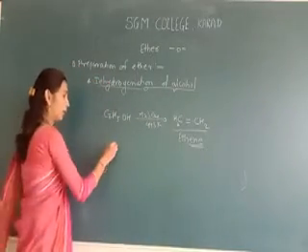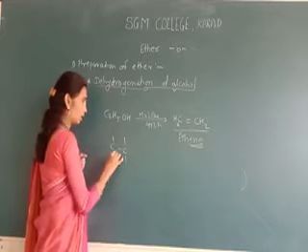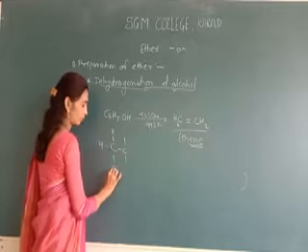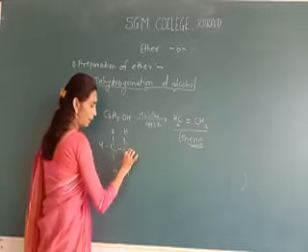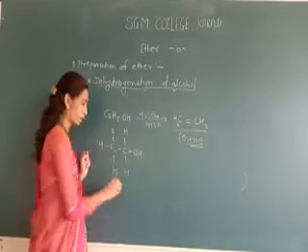See here, 5 hydrogens are attached to these 2 carbons, and for this carbon an OH group is attached.